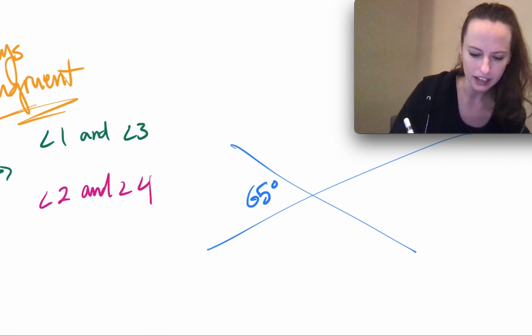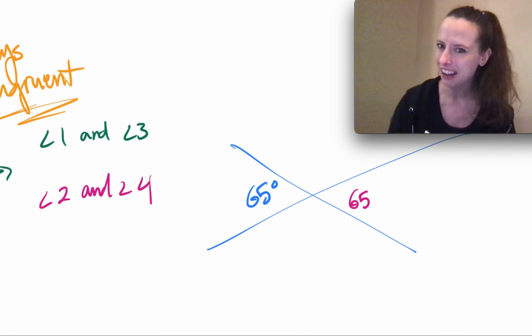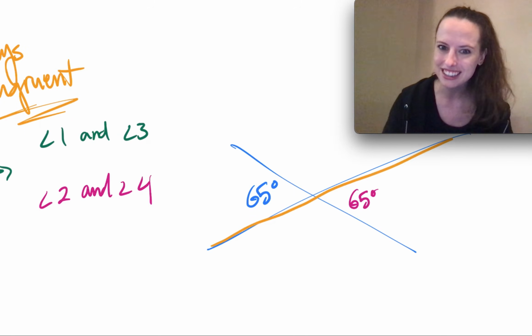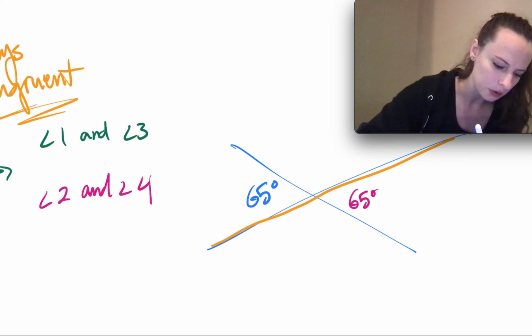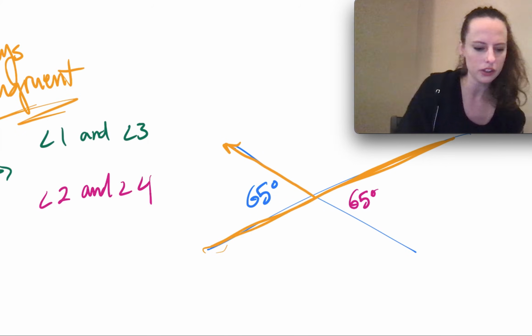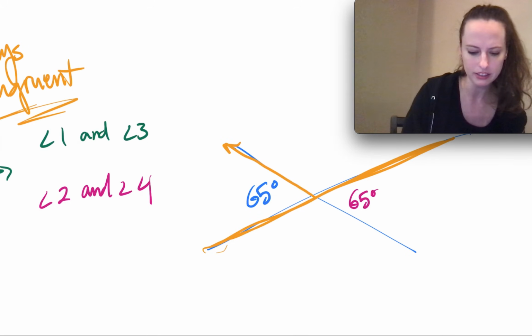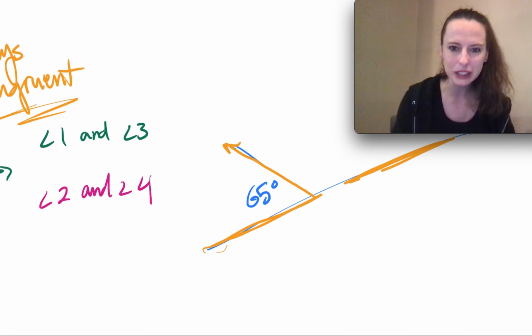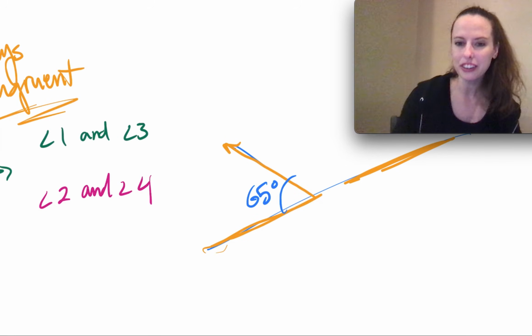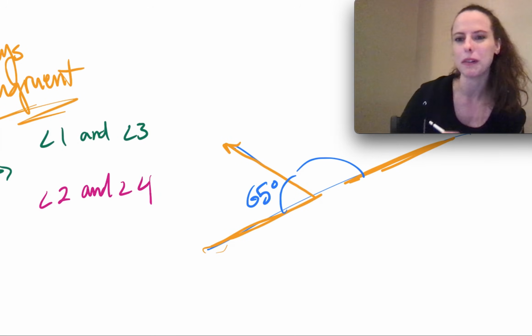So we know automatically that the opposite angle is 65, but then if you think about looking just along one of these lines, look at this ray that comes out, and if you just look at what's in orange and cover up all the rest of this, we have a linear pair. We have 65 and another larger angle that come together to form a line.